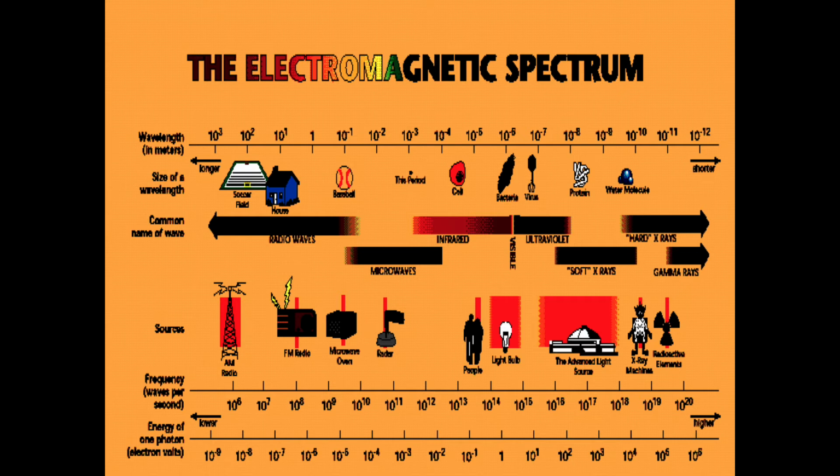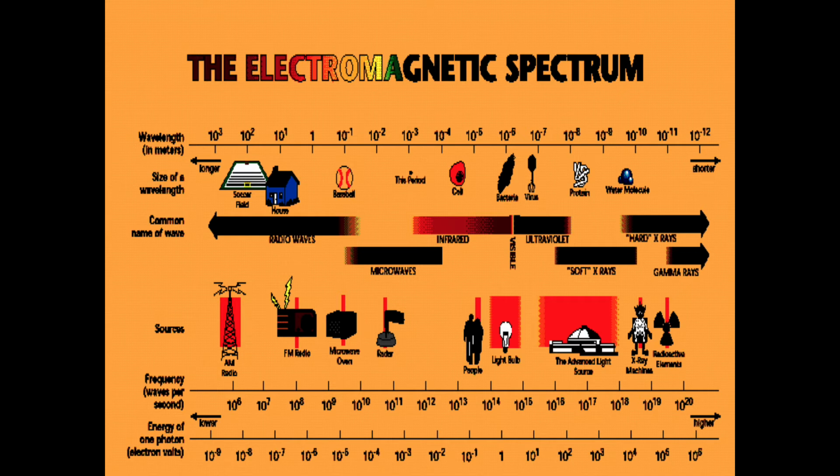Microwaves fall in the range of 10 to the minus 1 meters to 10 to the minus 4 meters. And notice they overlap with infrared. And you see the frequencies are getting higher. We're talking about 10 to the 9 to 10 to the 12th hertz. The infrared range goes from about 10 to the minus 3 meters to 10 to the minus 6 meters. Actually, into the 10 to the minus 7 meters.